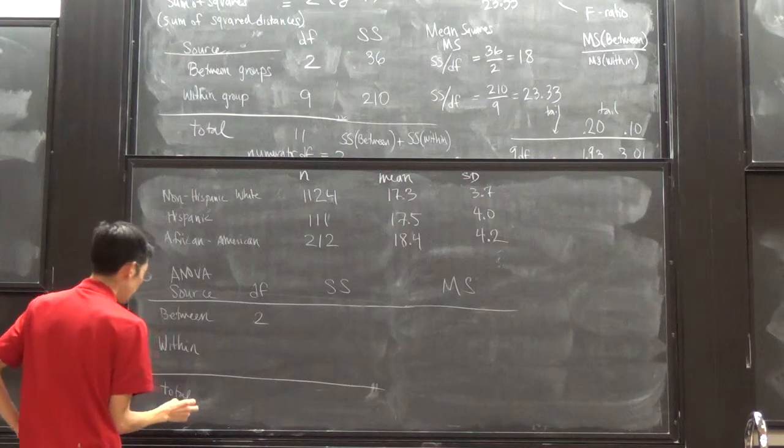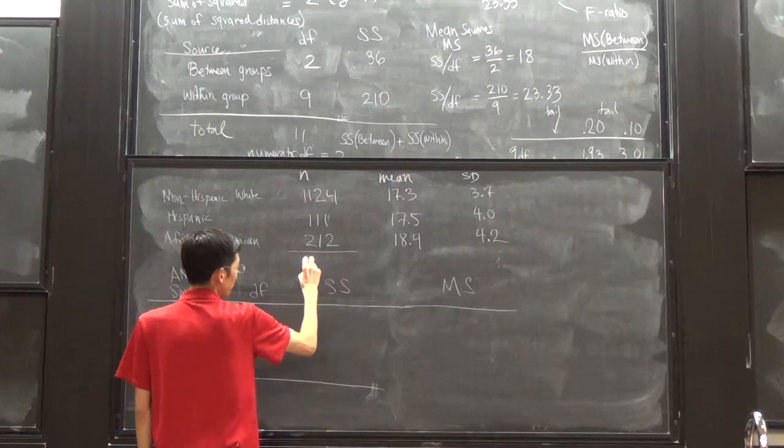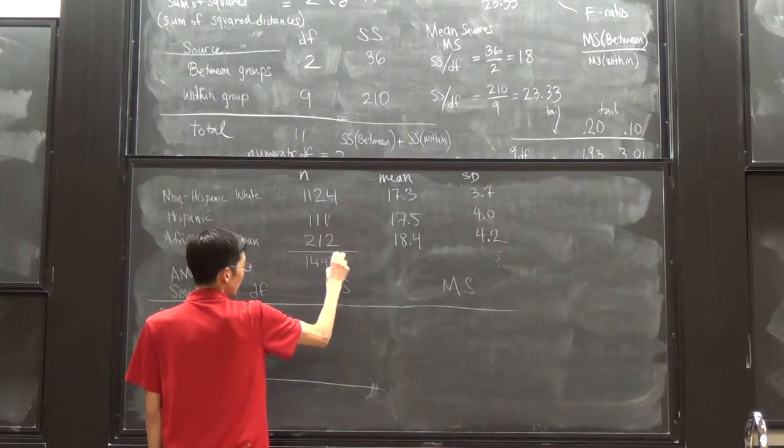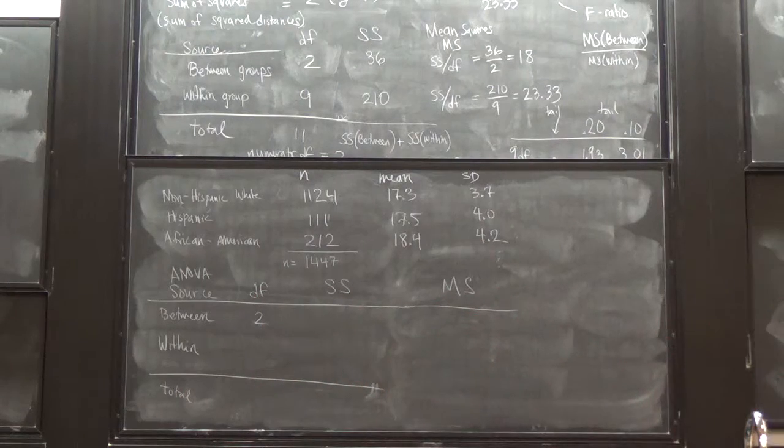Within is the total number of people that we have, which is 1447. And then the grand mean: I guess we could calculate it ourselves, but if we just take the reported number at their word, they said their grand mean was 17.5.